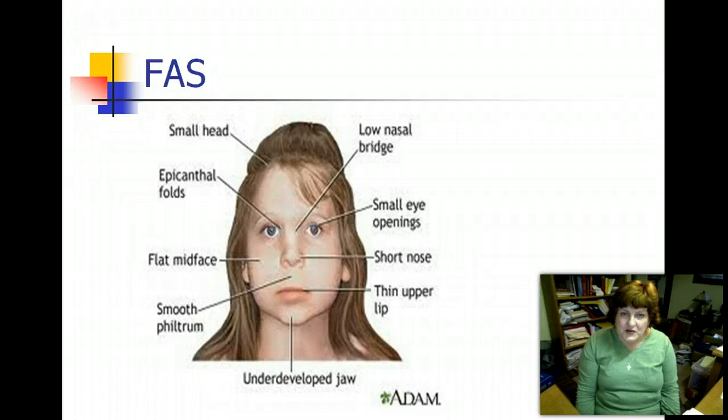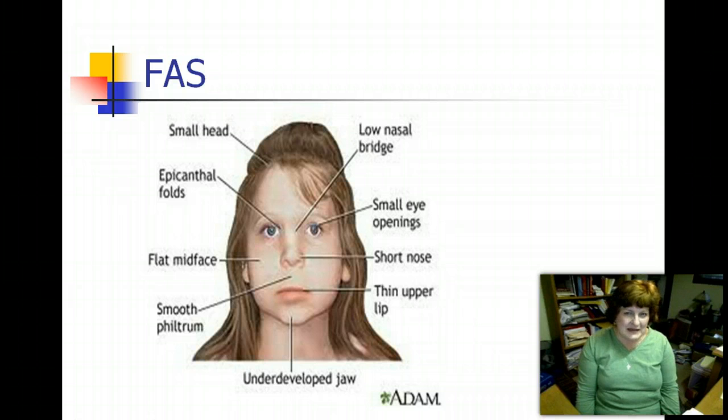And unfortunately, though, they can be very, very difficult to diagnose, and we don't diagnose just by the physical characteristics, depending on the culture. Because there are some cultures that may have thinner upper lips, smaller heads, things like that. And it can be more difficult when a culture may have some characteristics of this, and they may have, for other social or economic reasons, higher incidence of fetal alcohol syndrome because of increase in maternal drinking during pregnancy.